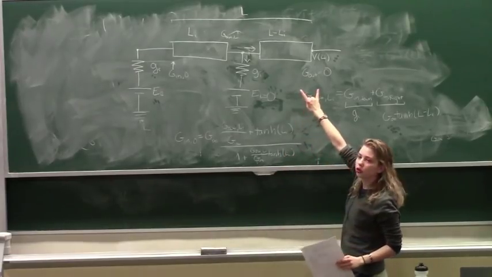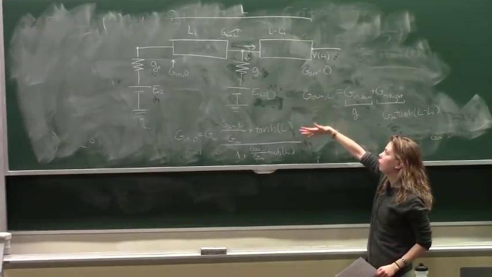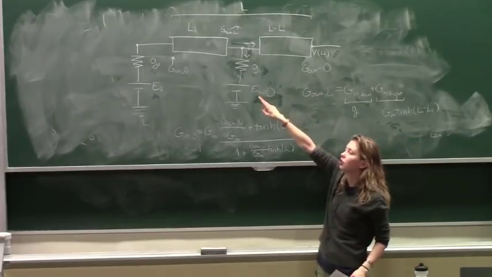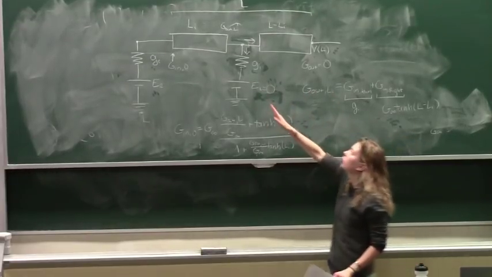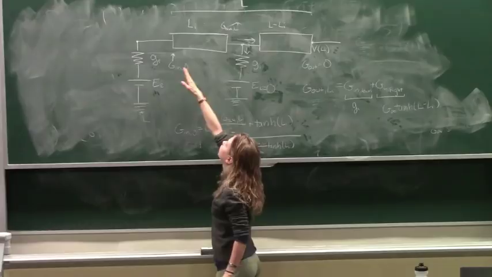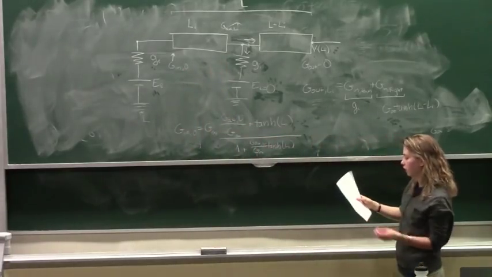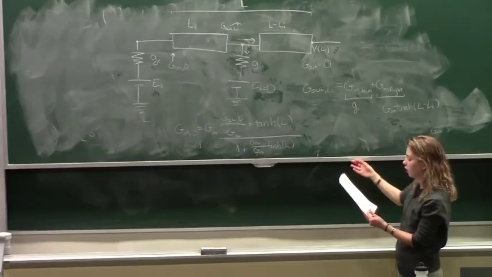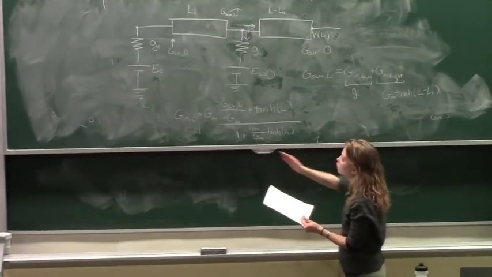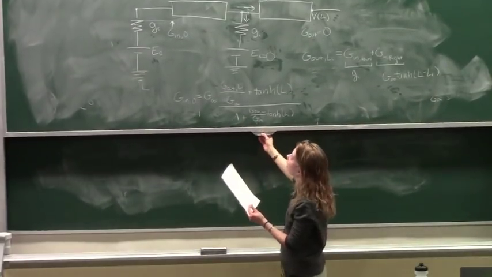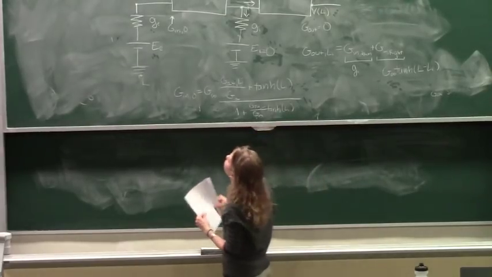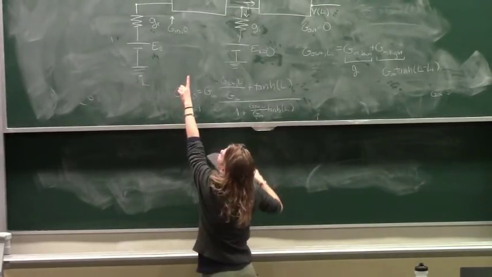The main things to note when plugging in the formula are to make sure you're using the right length, and that you're always looking at the G out of the branch that you're looking into. I think those are the main possible things you could mess up. So now that we have G in 0, we can find VEI at point 0.